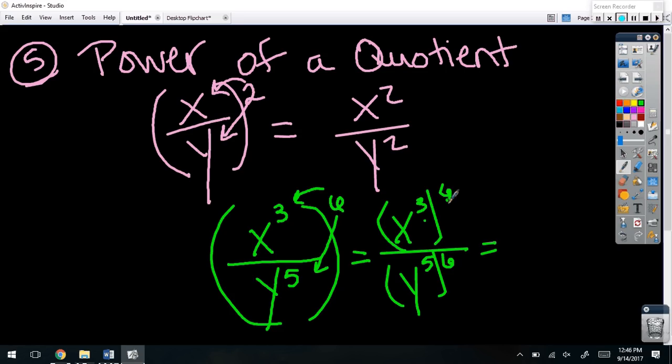So you would multiply them because that's more powerful than adding. So this would be x to the 18 over y to the 30. You combined power of a quotient and power of a power. A little more complicated, but we're going to be doing that.